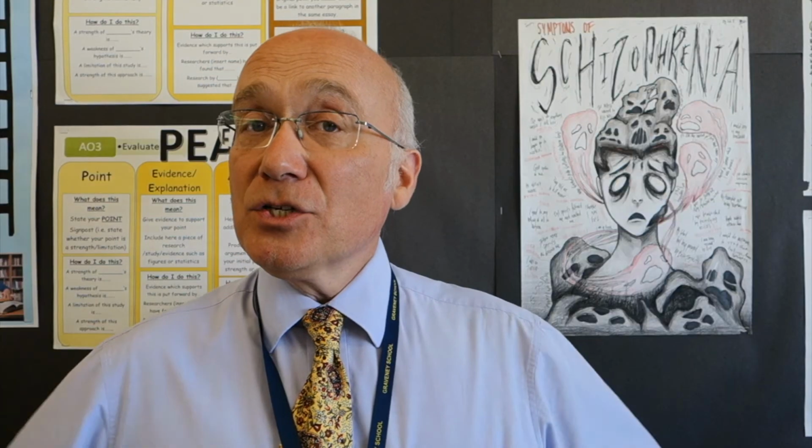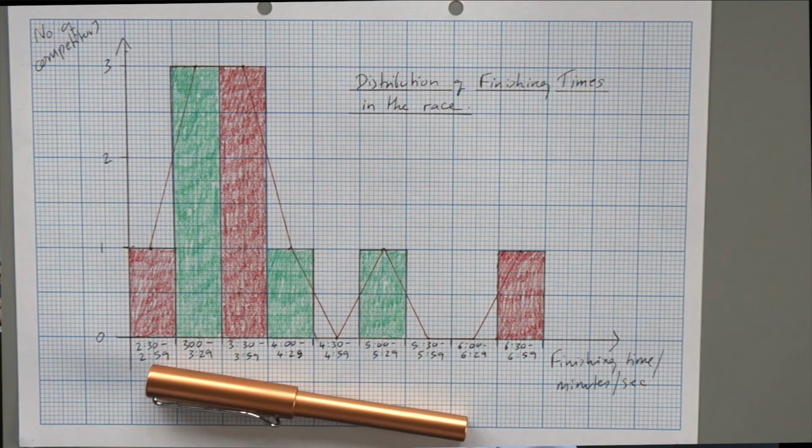So what I did is I took my interval data and I put it into categories, and that is how you draw a histogram. Histogram is suitable for interval data that has been put into categories.